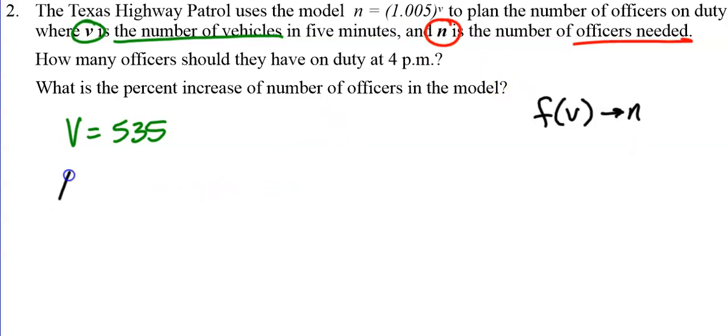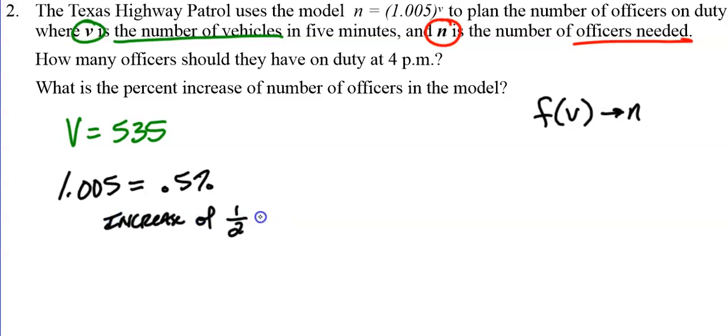Just a little number thing here, this is equal to an increase of 0.5%. So that's what that means. And so we just have to put it in there. Let's just start plugging and chugging.